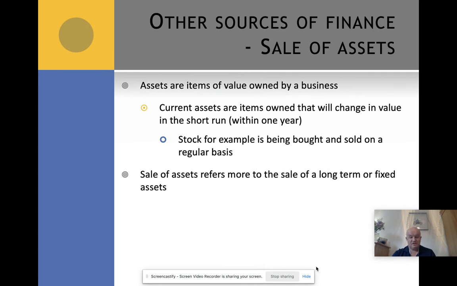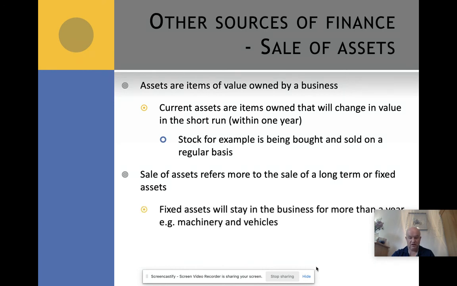If we're talking about sales of assets, they tend to be more specifically relevant to longer term or fixed assets. A fixed asset is any asset that's likely to stay in the business for longer than a year. So it could be machinery, or vehicles, or premises or land, or something of that nature.